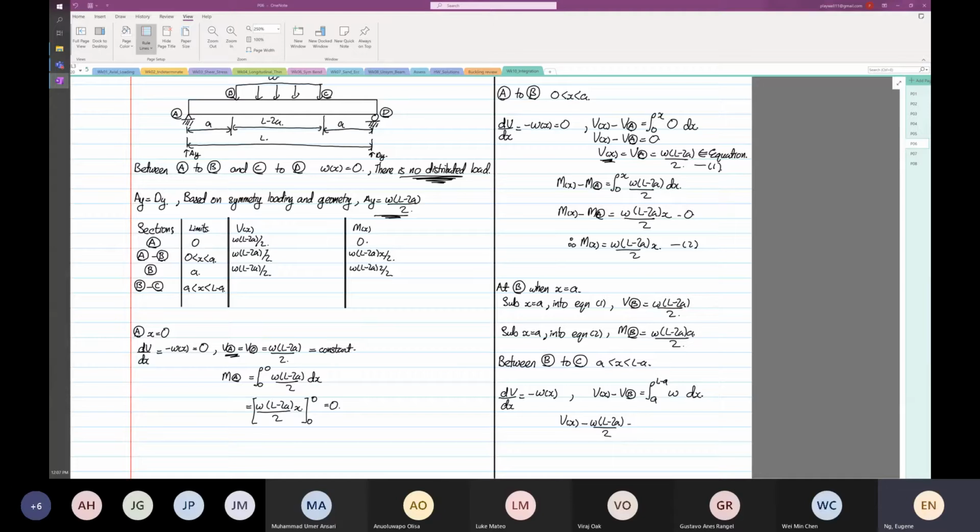So this will be equal to omega X, where X is between A and L minus A. So V as a function of X is equal to omega (L minus A) minus omega A plus omega (L minus 2A) divided by 2.